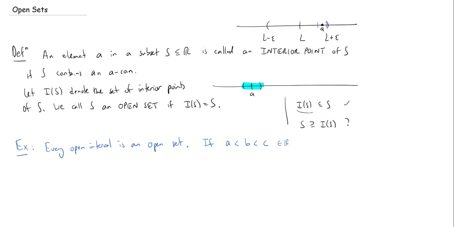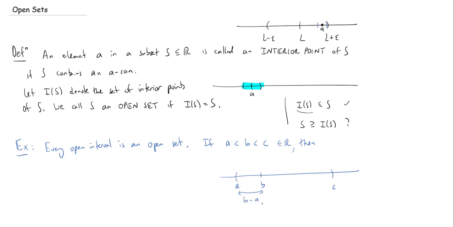Okay, so all this is living inside the real numbers. Then, okay, let's draw the picture. So we have a, we have c over here, and then somewhere in the middle we have b. Okay, what I can do is I can ask how far away b is from a. So that's this distance here, and that would of course be b minus a.